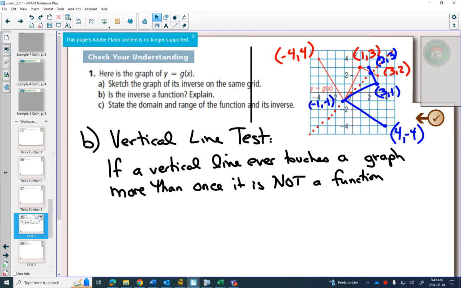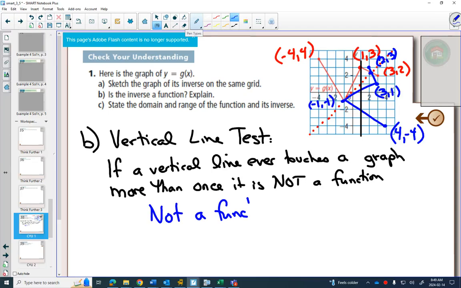There's the vertical line. If I go across, do I ever hit the blue graph more than once? Yes, right there. Doesn't matter. It just has to happen at one place that you hit it more than once. So the blue is not a function. What about the original one? The red graph. If I move through the red graph, can you see that no matter where I go, it only hits it once?